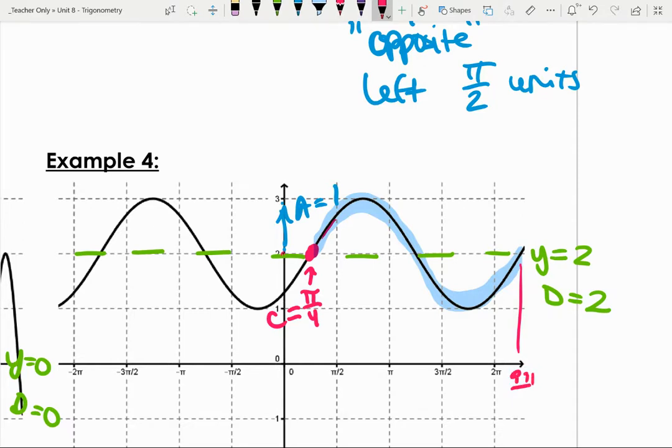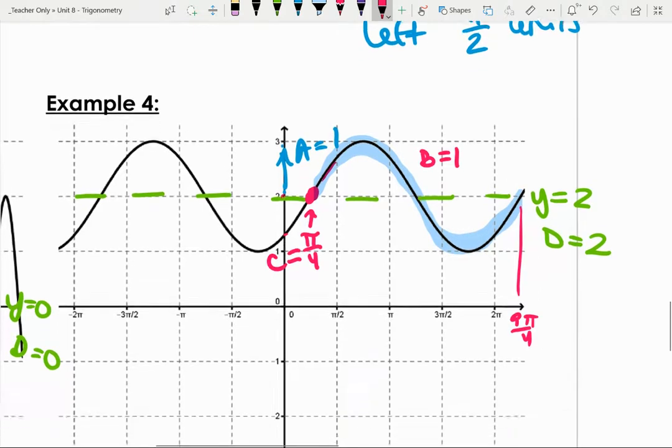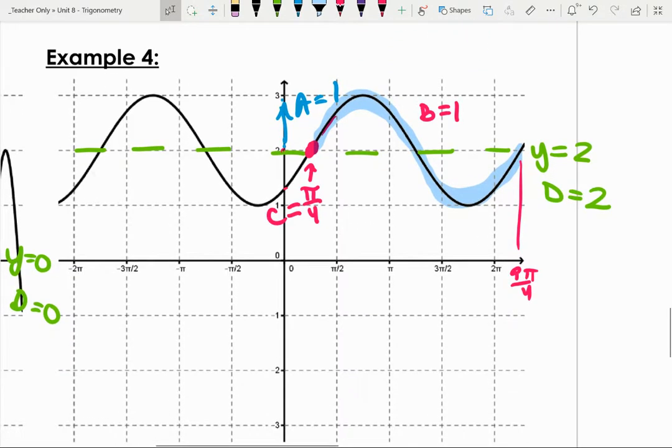Oh, that would be 9 pi fourths, which is a total distance of 2 pi. That would be a frequency of 1. Or I could think about, oh, how many cycles from the y-axis to 2 pi, and I would just have to notice that it's not on a maximum, minimum, or midline. It's on a different point. So whatever our perspective is here, you're going to have to find what works best for you. But either way, I do have a frequency of 1. There's only one cycle in any 2 pi length interval.